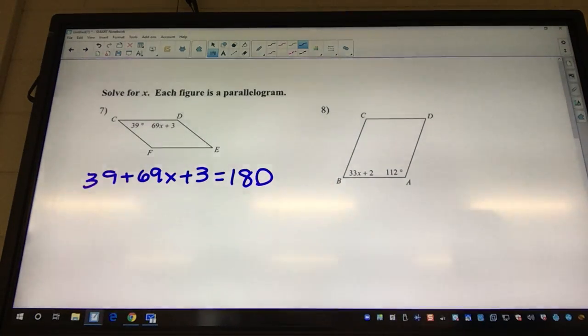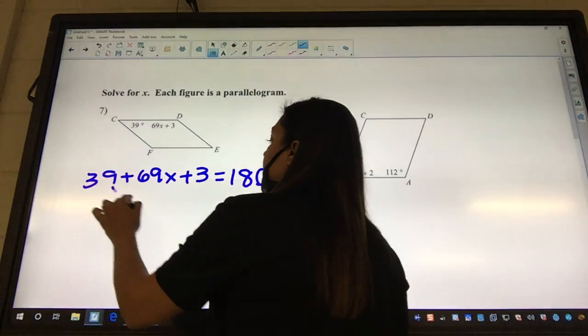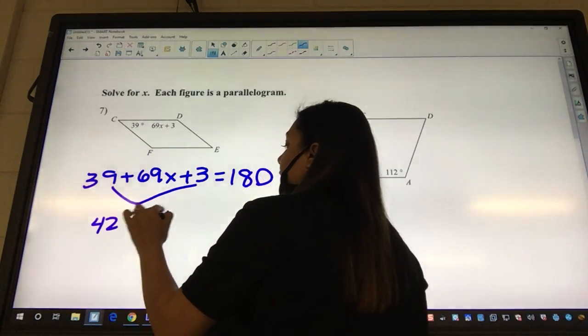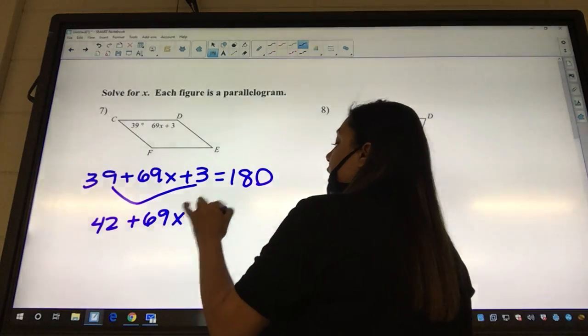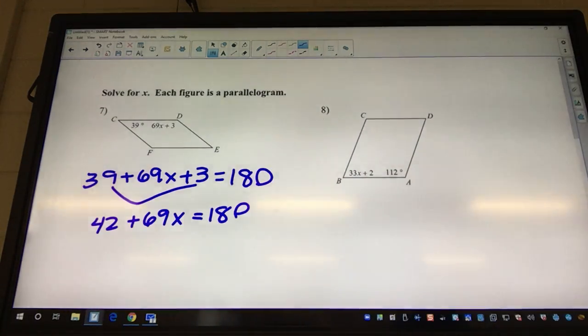Okay, what can we combine? 39 and 3. 39 and 3 to give me 42 plus 69x equals 180. Okay, and then what do we do?